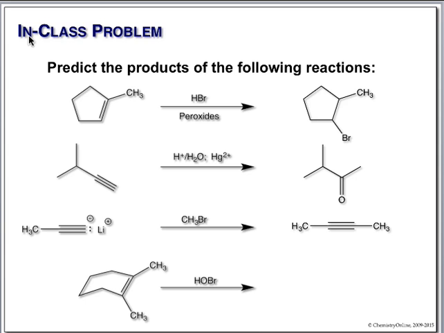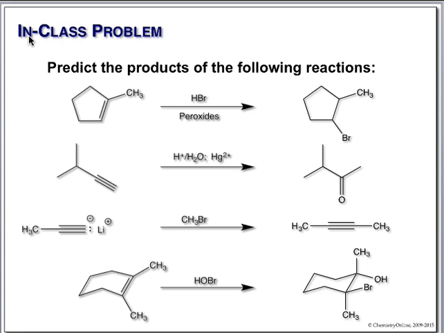The regiochemistry is such that the hydroxyl group will be bonded to the carbon that gives the most stable carbocation. Well, both of these are tertiary carbons, so it doesn't matter. All we have to do here is clearly show that the hydroxyl group and the bromine are trans to each other. Okay? So we're simply going to draw this, hydroxyl on one, bromine on the other, trans stereochemistry.